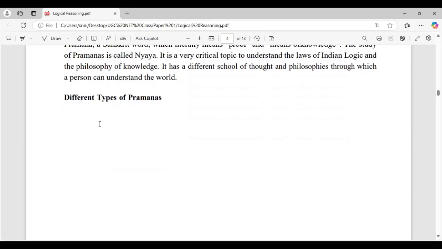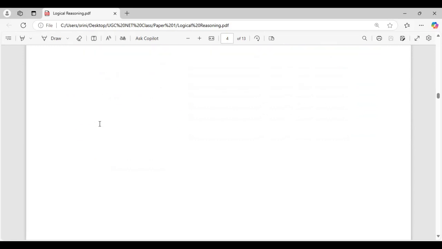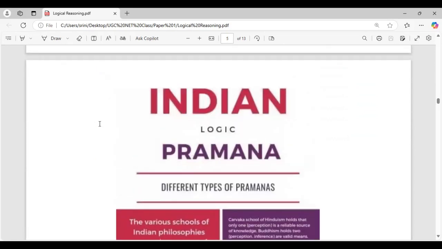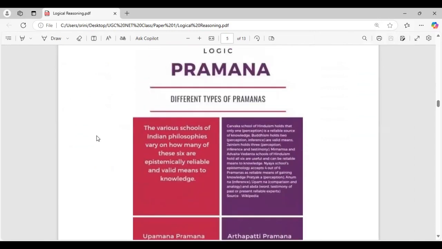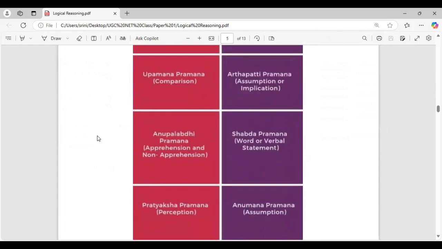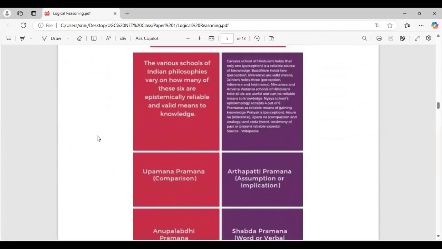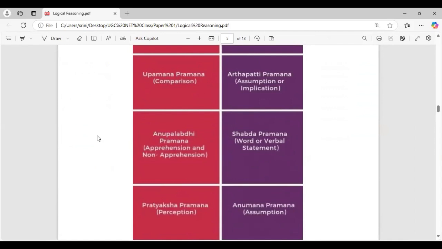Okay. Different types of pramanas. Pratyaksha, Anumana, Shabda, Anupalabdhi, Arthapatti, Upamana. Upamana, that is comparison, is not first.